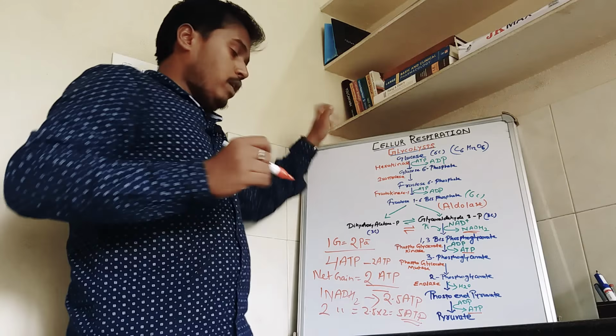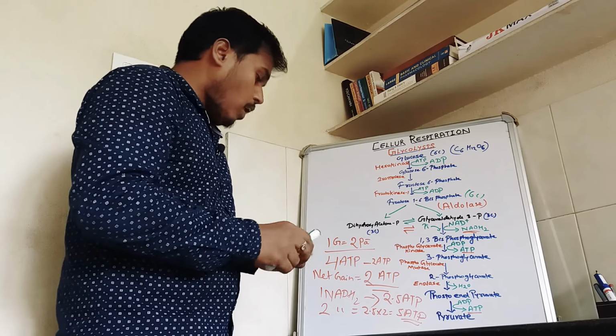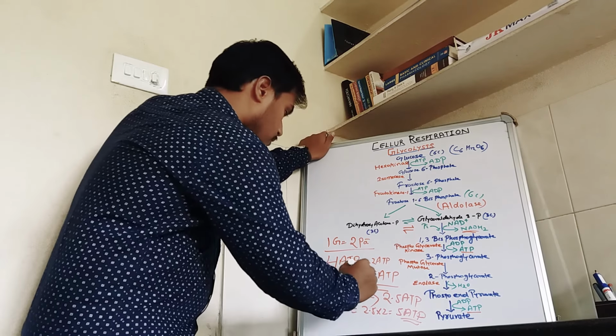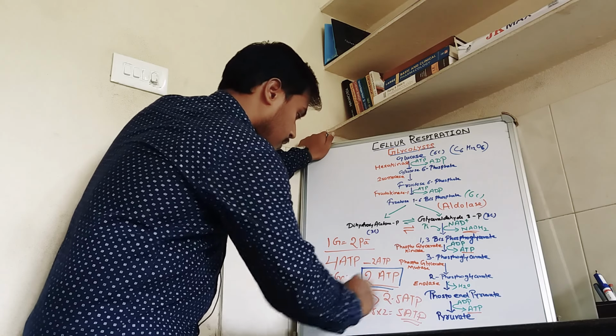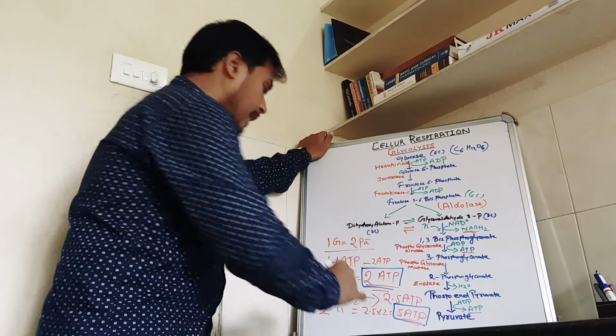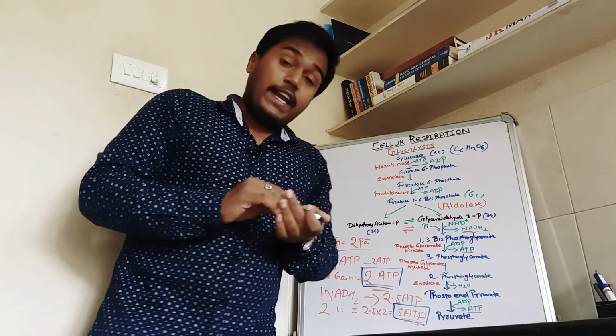So in total, one glucose will give 2 ATP directly and 5 ATP indirectly, in the form of NADH2.